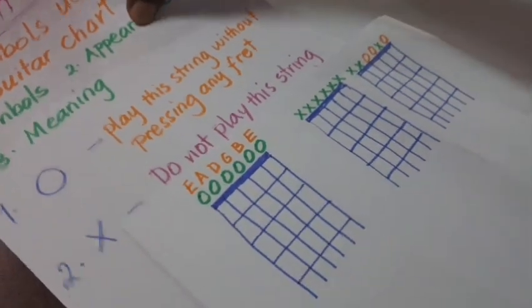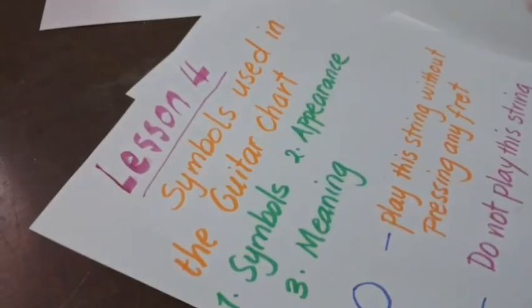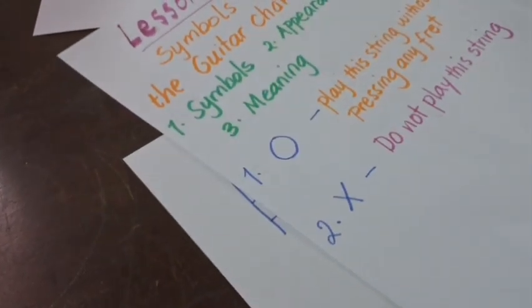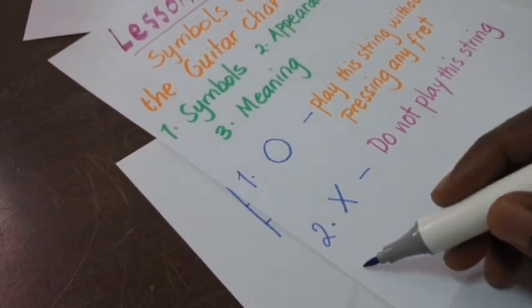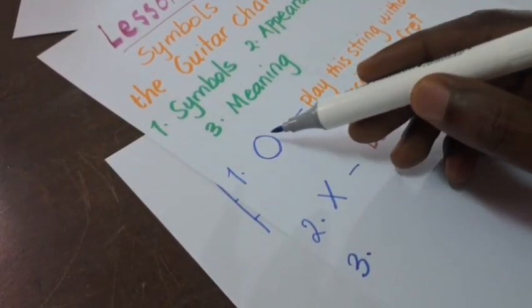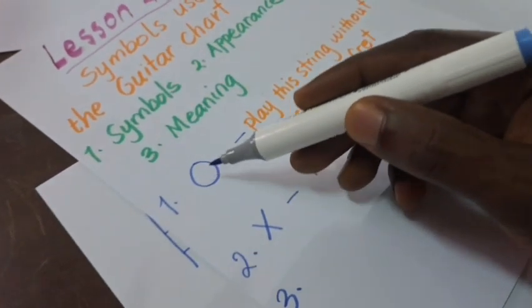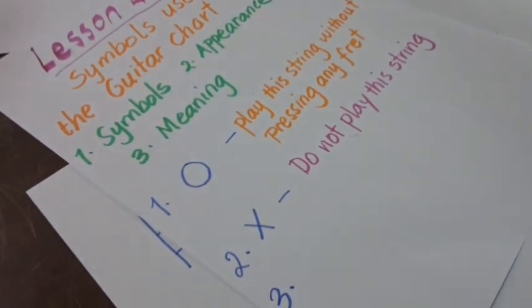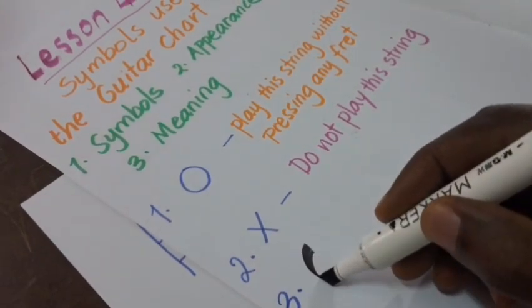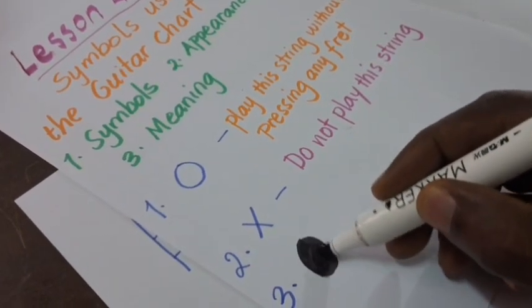So now we have our third symbol, which is the tick. It's the same like this open circle, but it is dark, normally a dark dot this way.